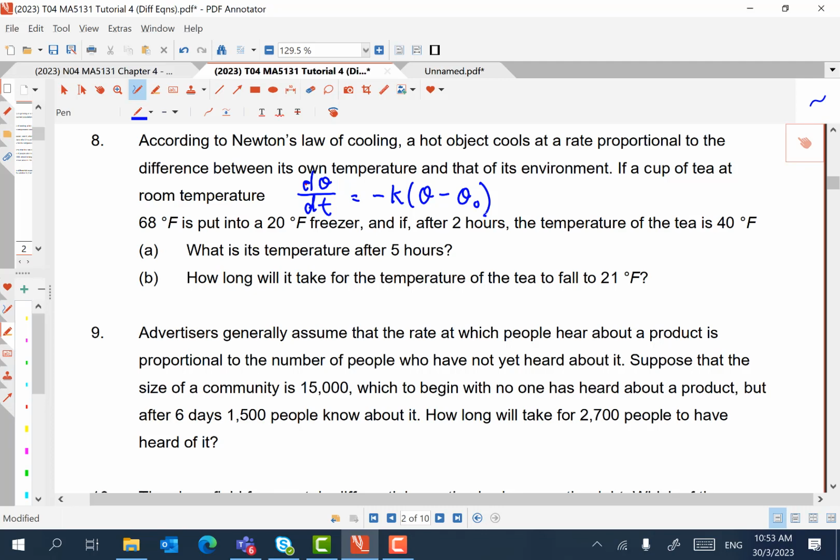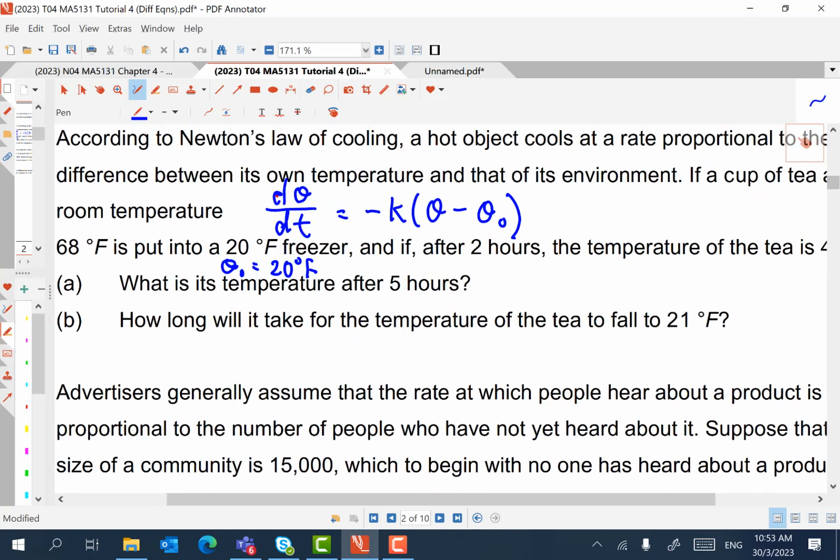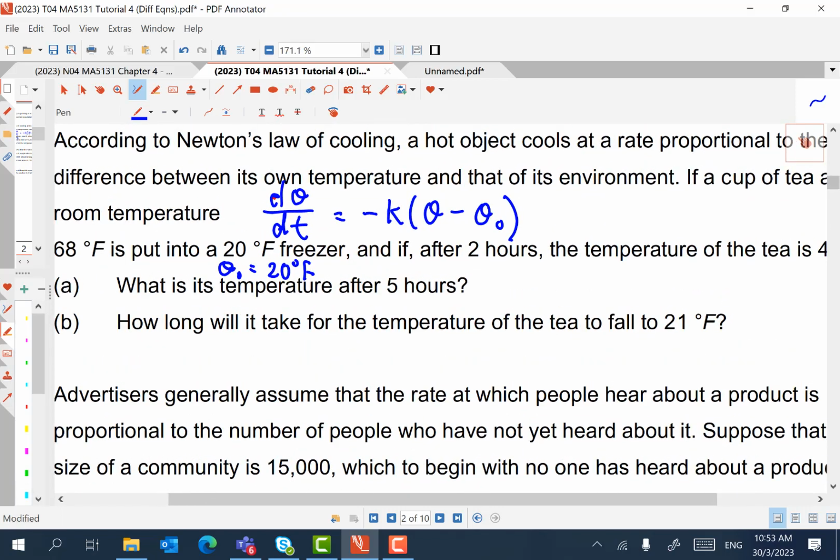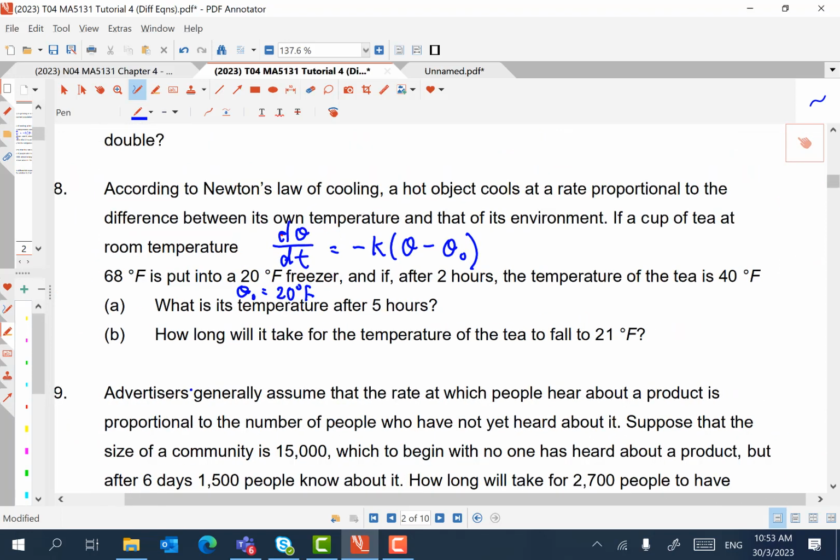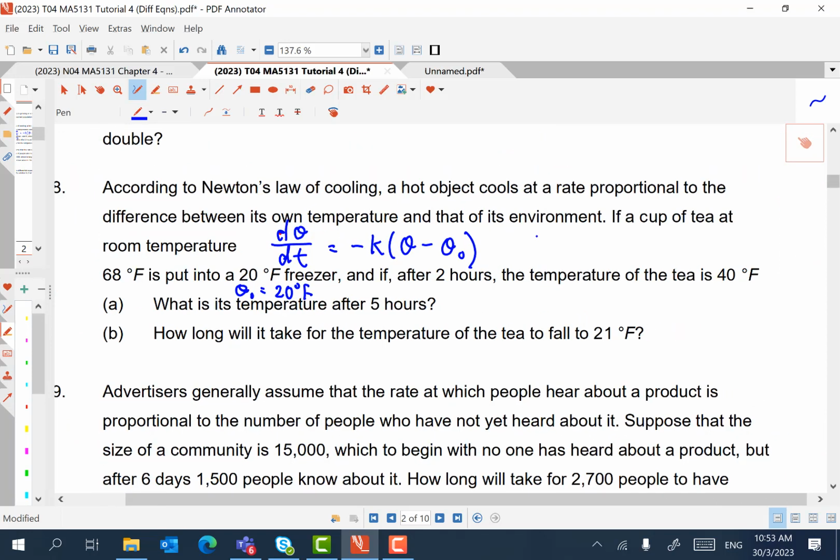In this case, your surrounding temperature is 20 degrees Fahrenheit. Theta naught is 20 degrees Fahrenheit. This is what the question says. So at time t0, the temperature is 68, and theta naught, the room temperature, is equal to 20.